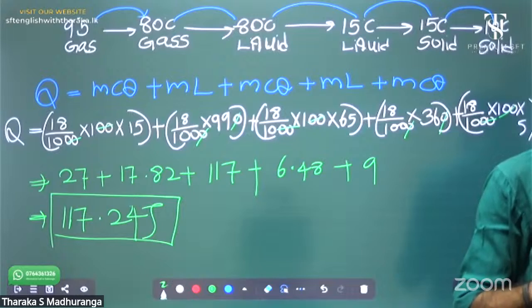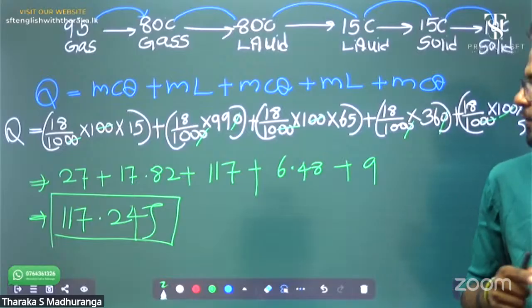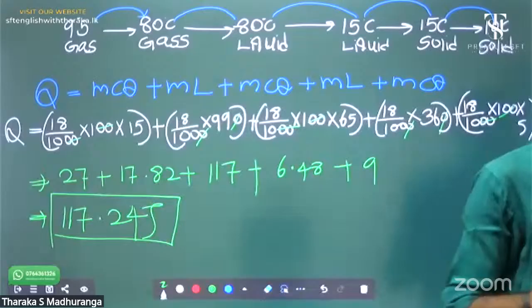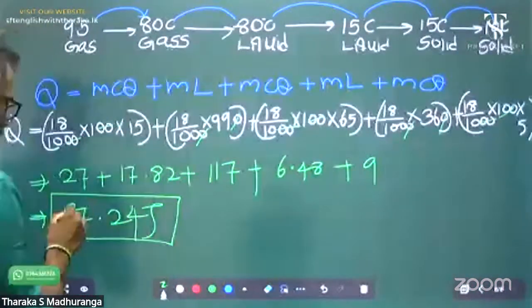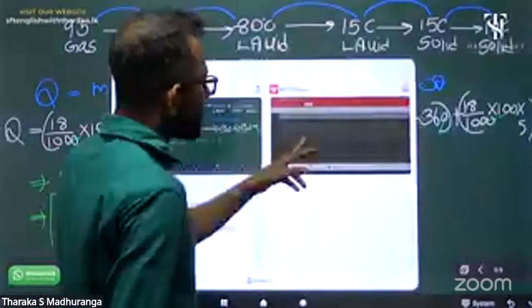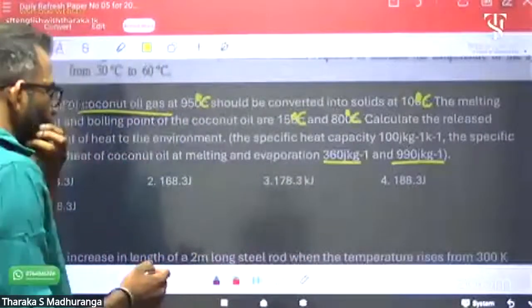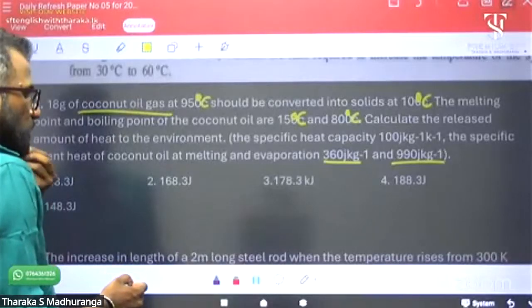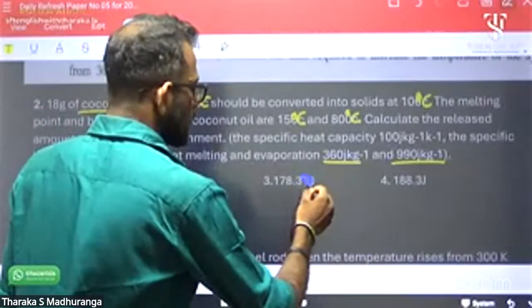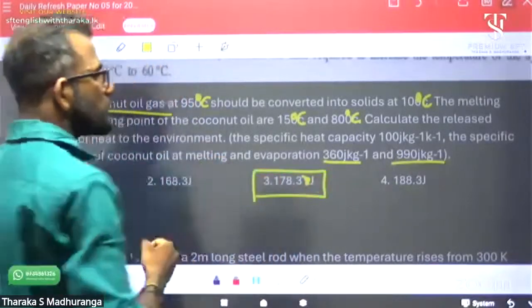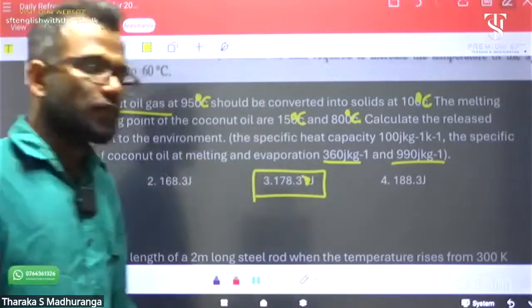Sorry, my mistake, it is 177.24. Yeah, this is the answer, but it is not kilojoules, it is joules. Approximately this is the answer.